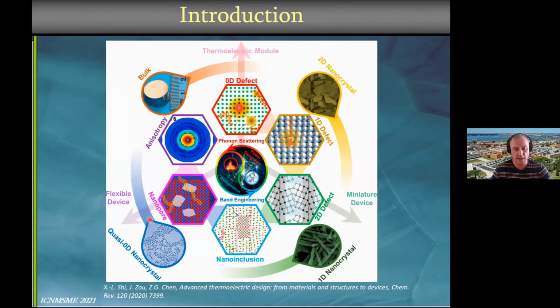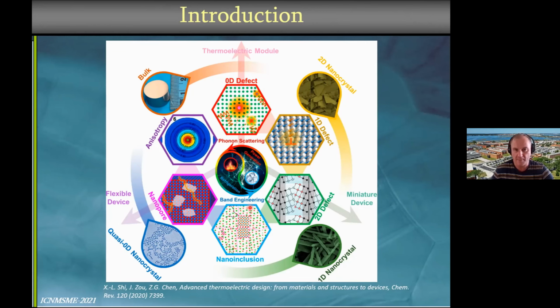Here you see this nice diagram showing modern concepts for designing thermoelectric material. There are three main aspects, namely structural design, this inner circle, then dimensional design, and finally design of the device. We can use point defects, dislocations, nano-inclusions for band engineering to improve the electrical performance, and also phonon scattering. And this is what we mean under structural design.